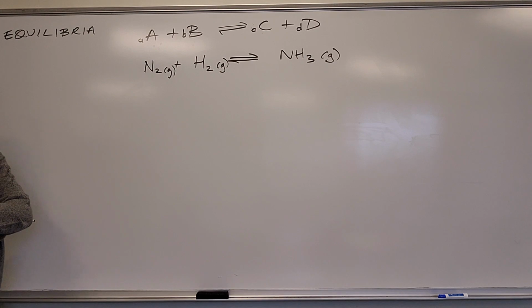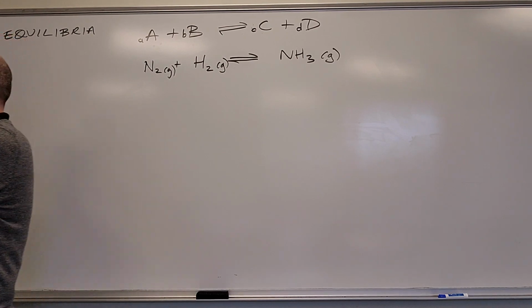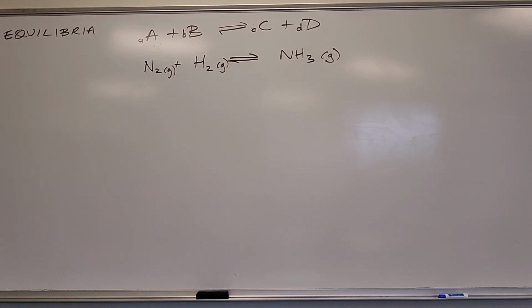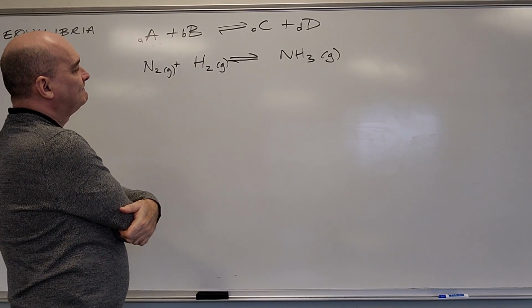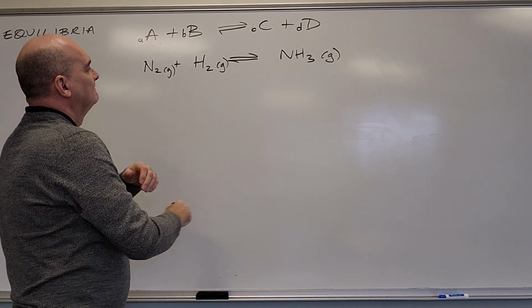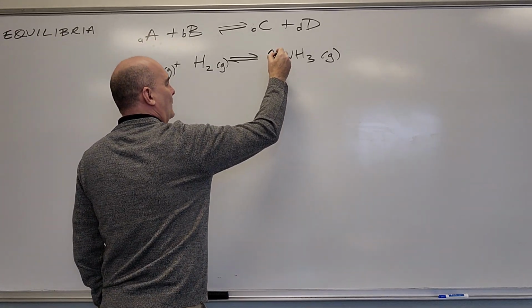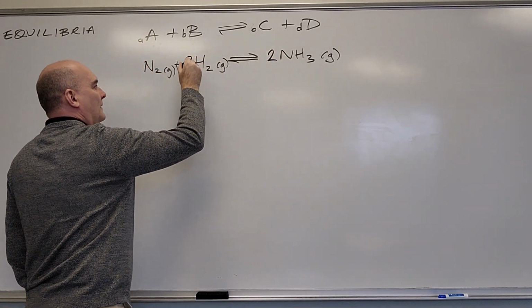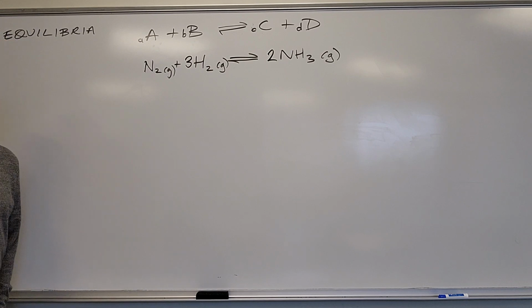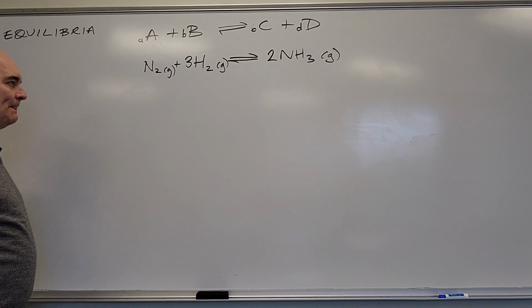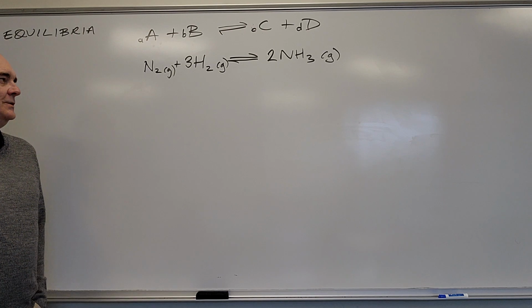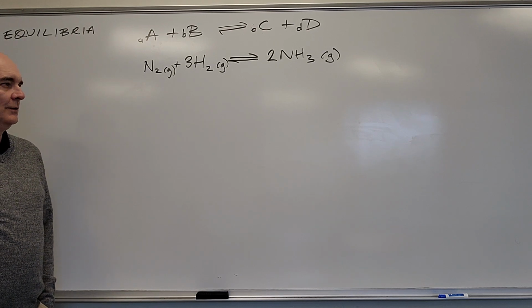The nitrogen gas and hydrogen gas come together to make ammonia gas. And that doesn't balance. We need 3 hydrogen molecules, making 6 hydrogen atoms, to react with the 2 nitrogen atoms in the nitrogen molecule to make 2 molecules of ammonia.